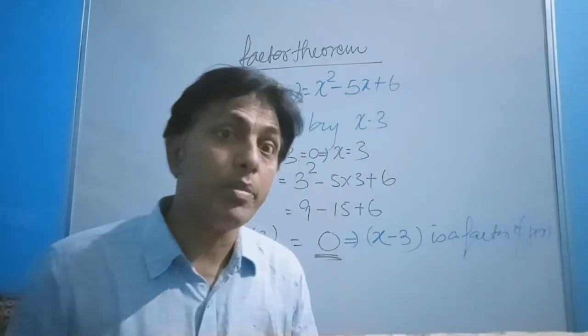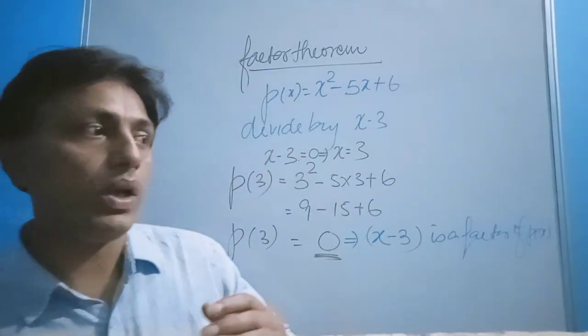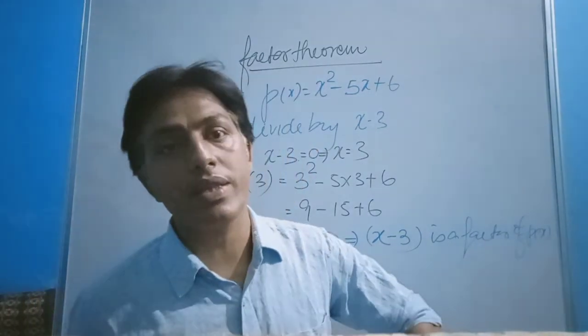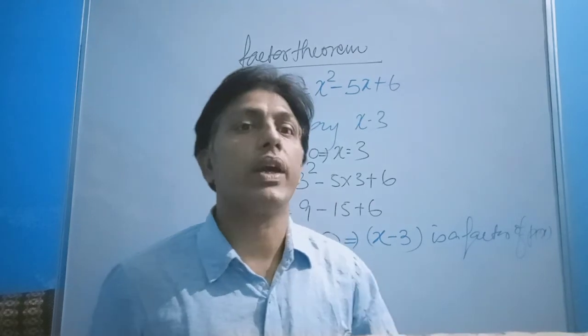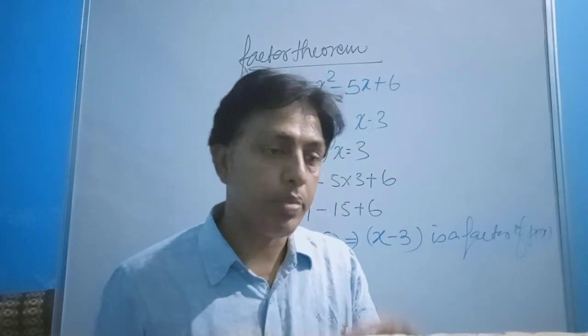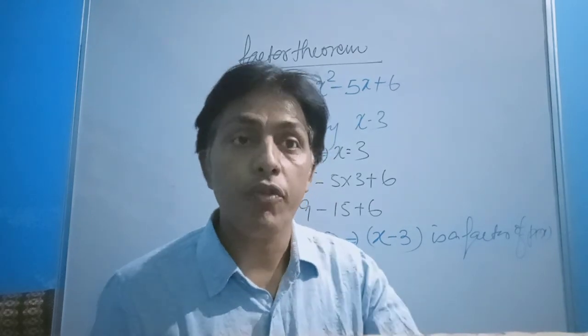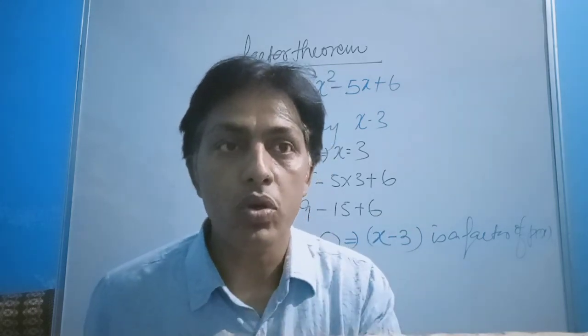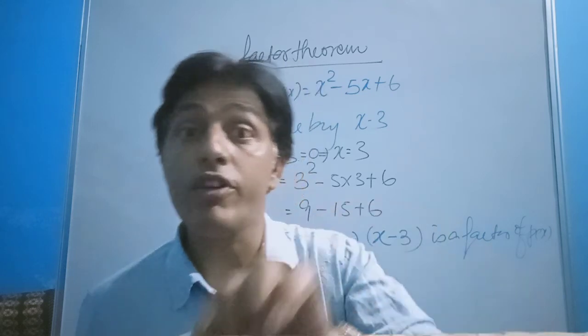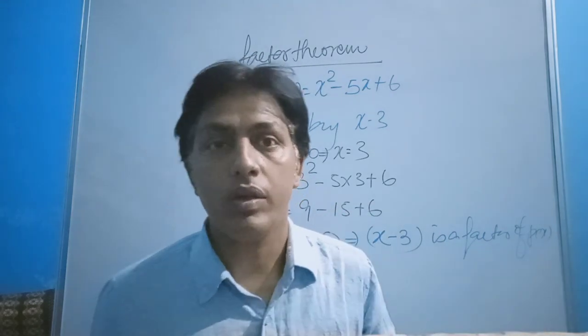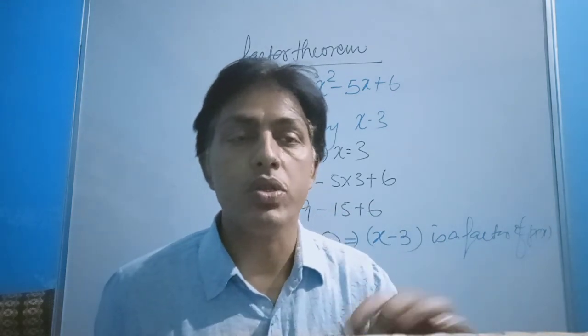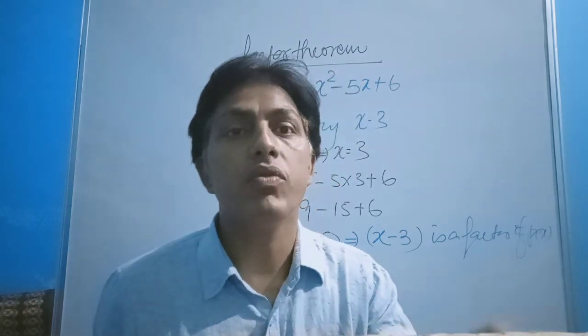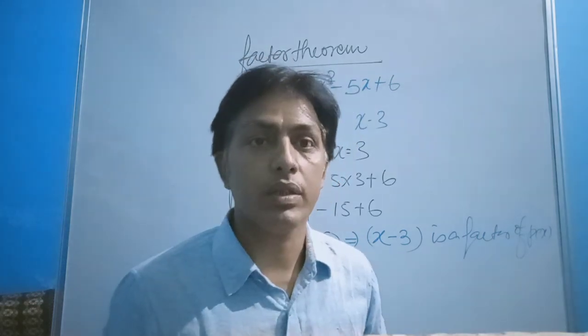So getting the remainder will help you to recognize the factor. So simple concept for the whole chapter. When the remainder is 0, the divisor will be the factor. When the remainder is not 0, the divisor will not be the factor.